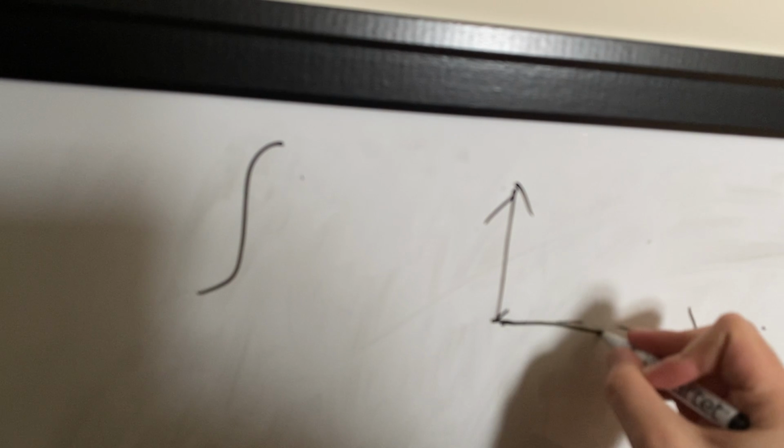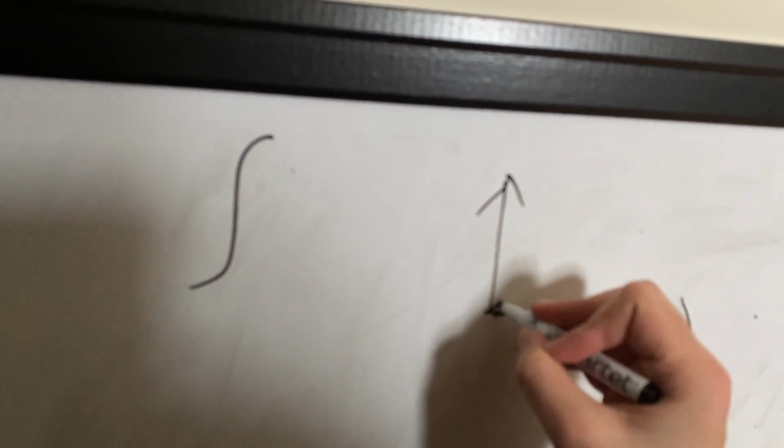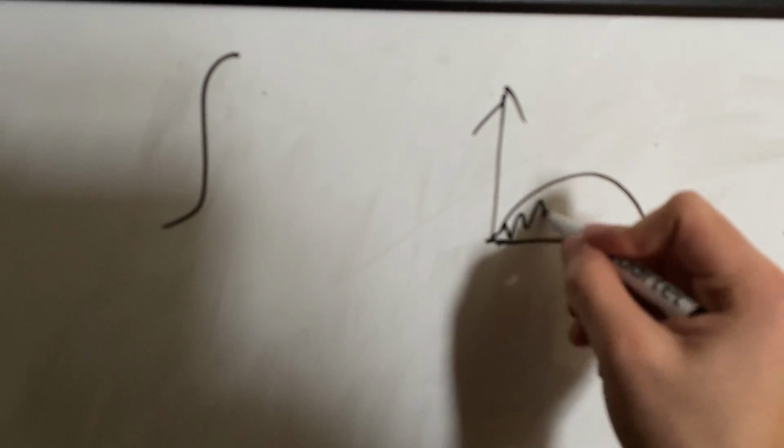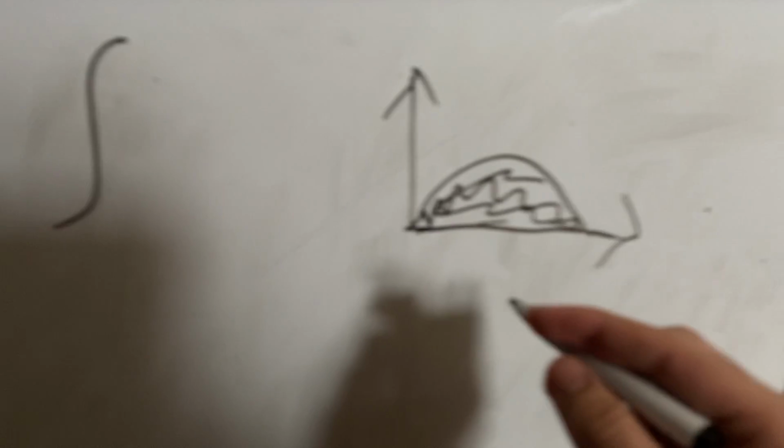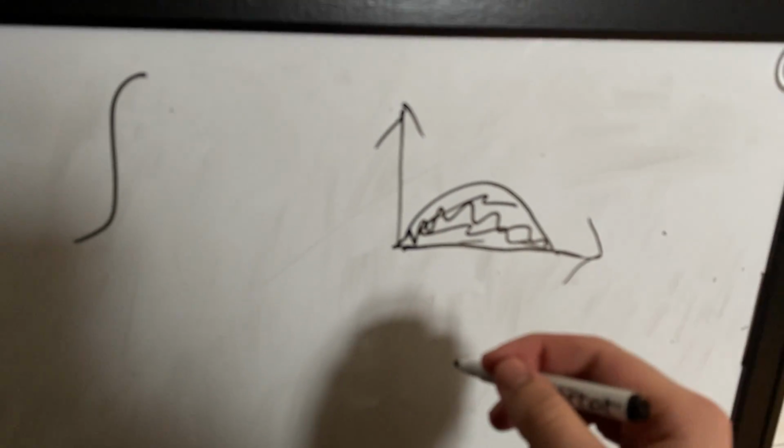But let's erase that. Now let's say we have a curve like this. I'm going to want to find this area, so what we need here is to use integrals.